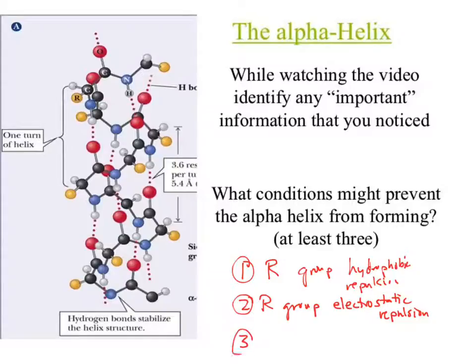Then we have a 3. Okay? And the hint we gave is what amino acid is not shown in the video. Nice big vague hint. Glycine actually won't be a problem.